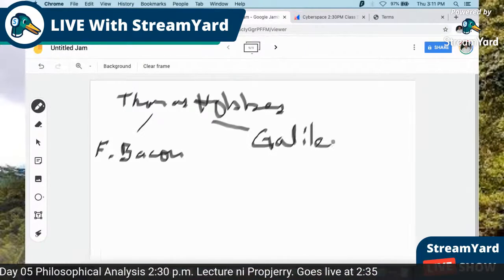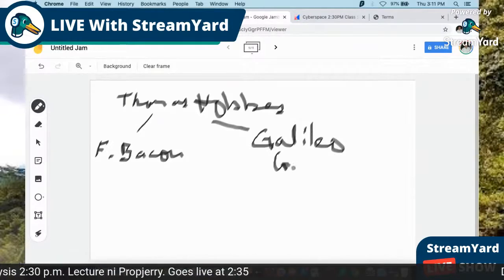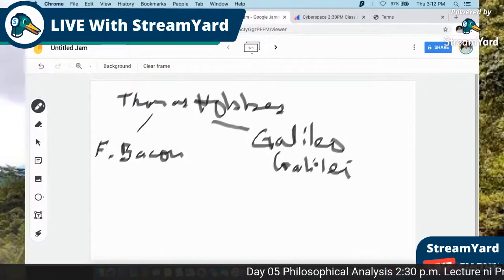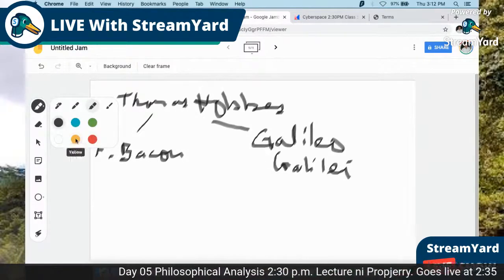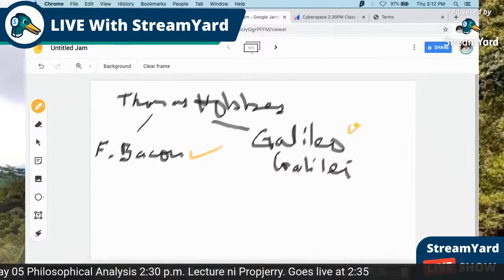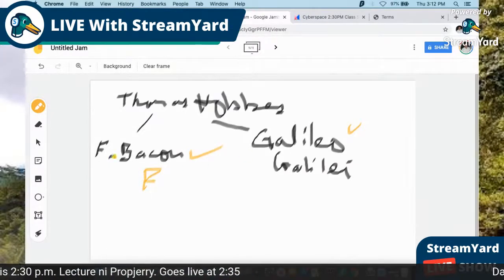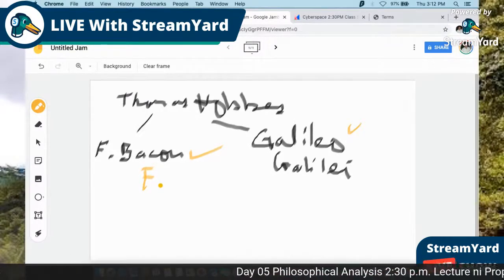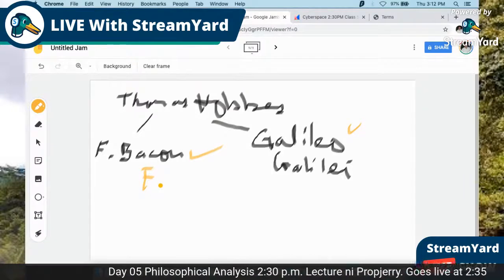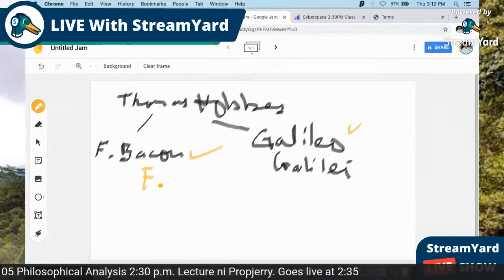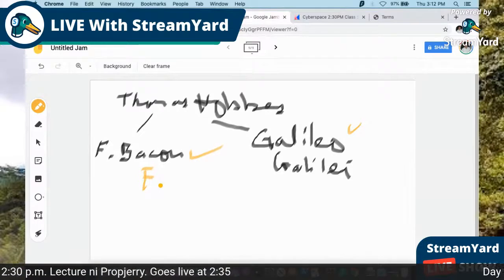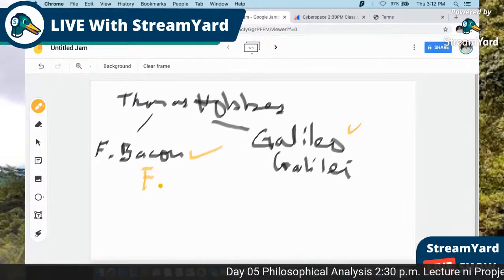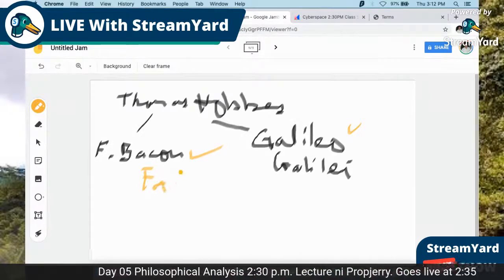Now, why is this being lucky? Well, these two, Francis Bacon and Galileo, are the fathers of modern thought. Oh my God! Only Thomas Hobbes, that I know of, has been the friend of both fathers of modern thought. There you have it.